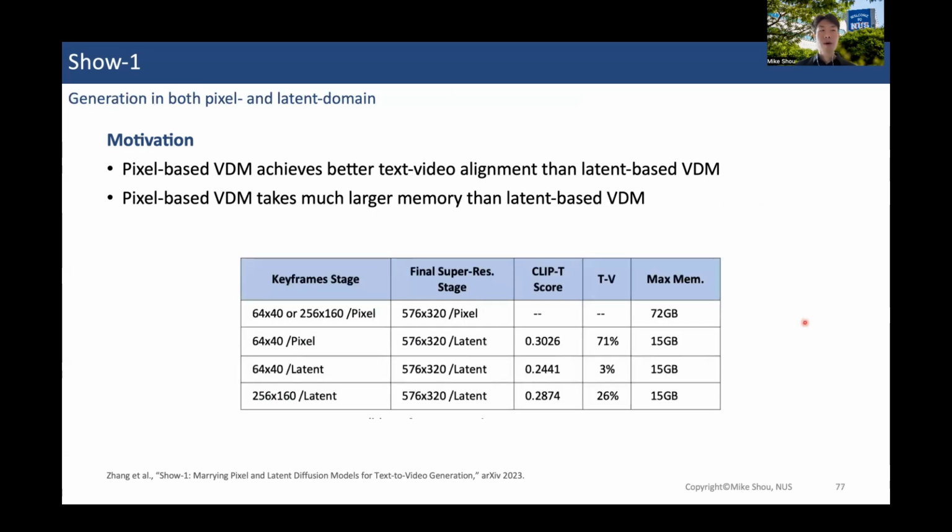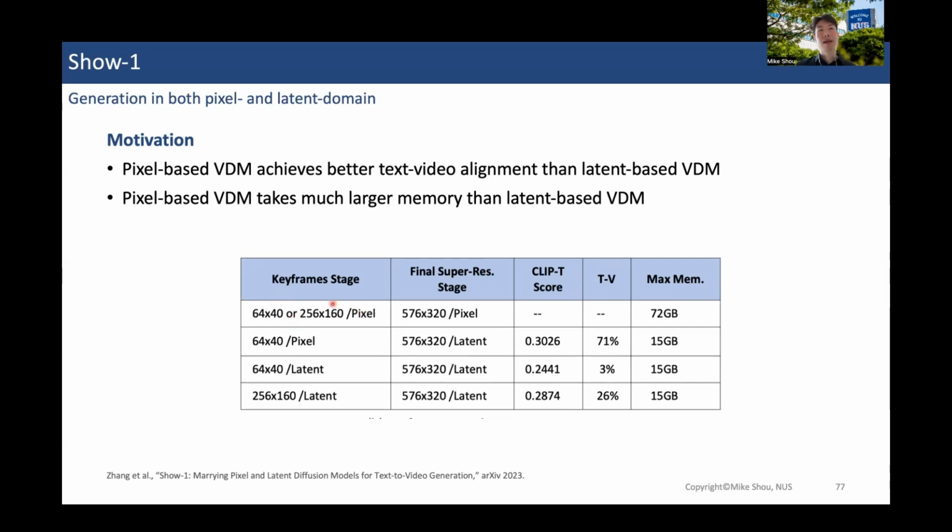Then why don't we just use the pixel model, since the pixel model is so powerful? The challenge is that pixel-based VDM takes much larger memory than latent-based VDM. As always, we have these cascaded stages.